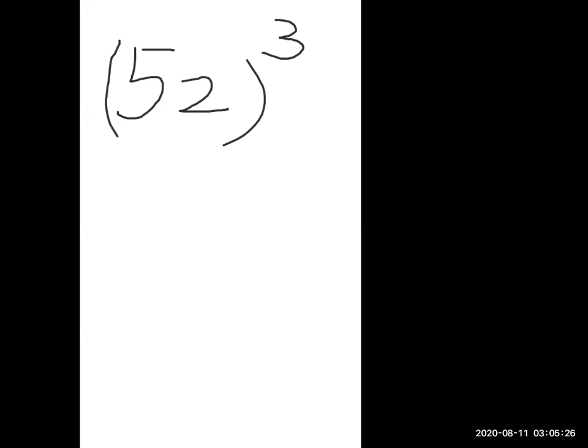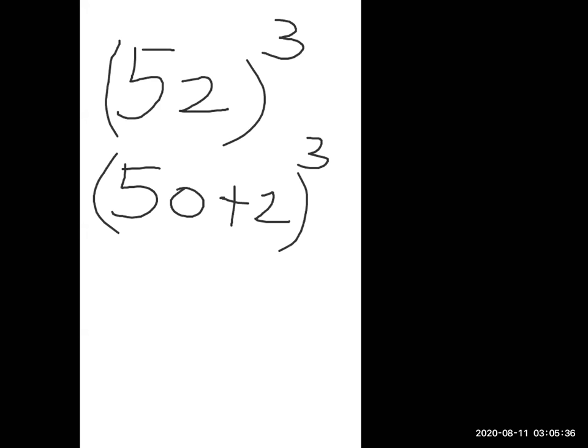You will make this as 50 plus 2 the whole cube. 50 plus 2 will become 52. So it becomes 50 plus 2 the whole cube and you will start doing with the same formula, that is a plus b the whole cube. Yes, Aryan. 50 plus 2 becomes 52. So you have to write 50 plus 2 the whole cube and then start solving this sum.